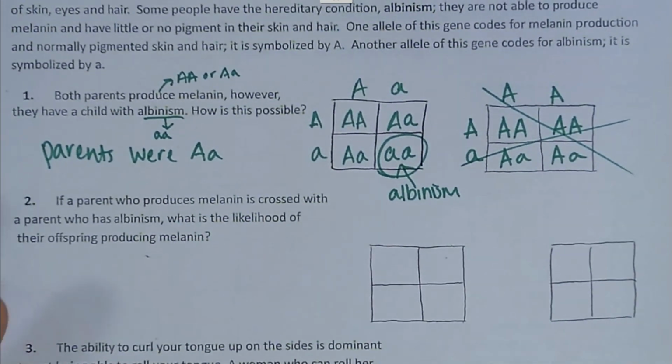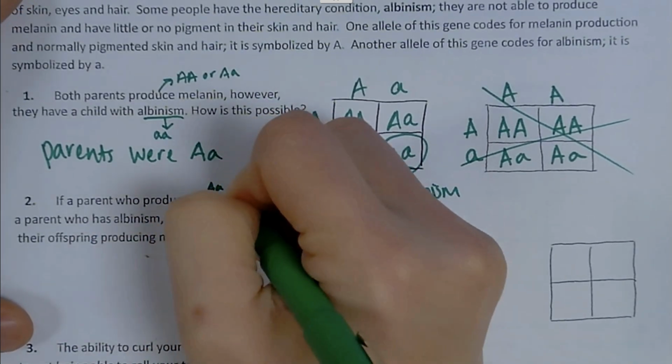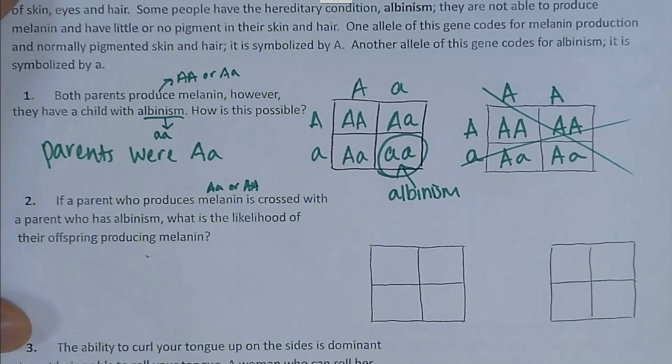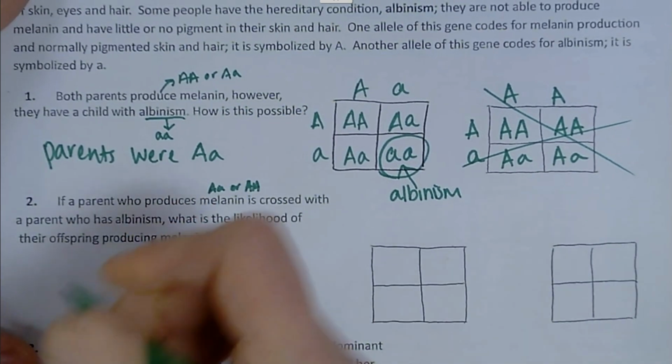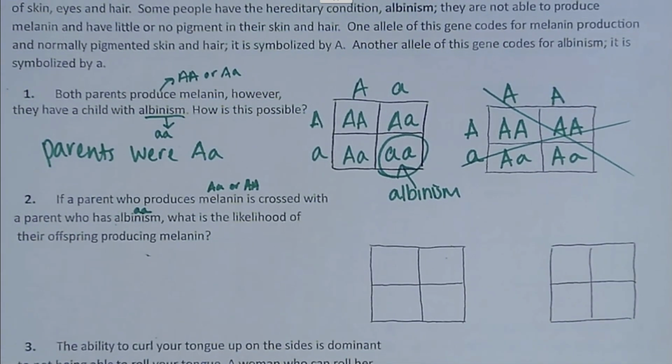It says, if a parent who produces melanin is crossed with a parent who has albinism, what is the likelihood of their offspring producing melanin? So we know melanin's got to be big A, heterozygous or homozygous dominant. And we know albinism, the only way you can get that is homozygous recessive, so little a, little a.